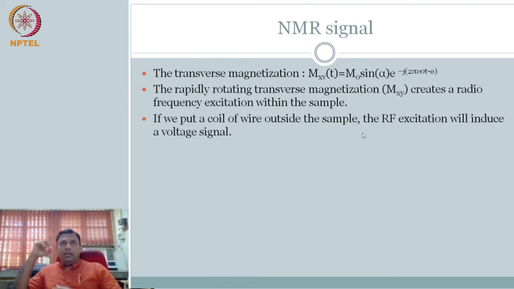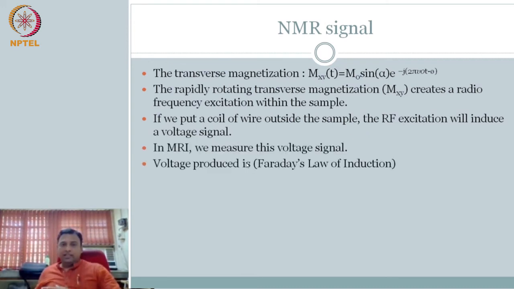Initially, when we were talking about charged particles, charge spinning, which is current across a loop, gives rise to a magnetic field, the M vector. Now we are saying, if you have an M vector that is rotating fast and you put a coil, that will induce a voltage, right? This is essentially the signal we measure.